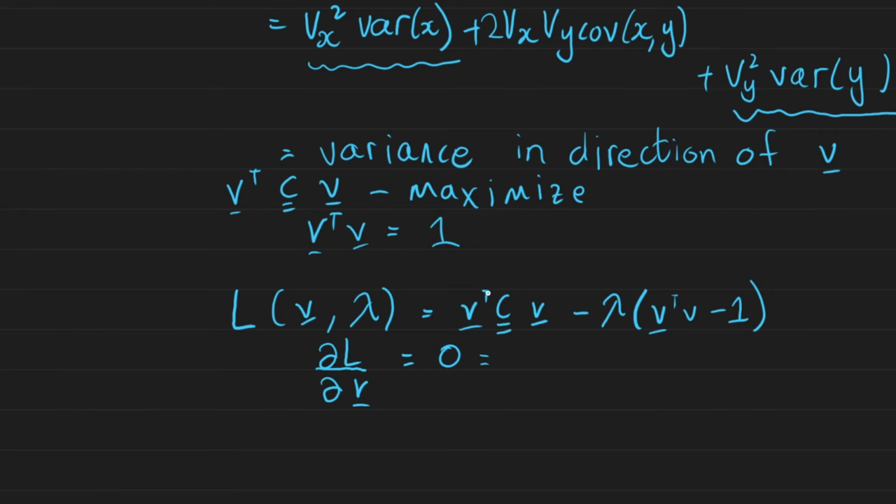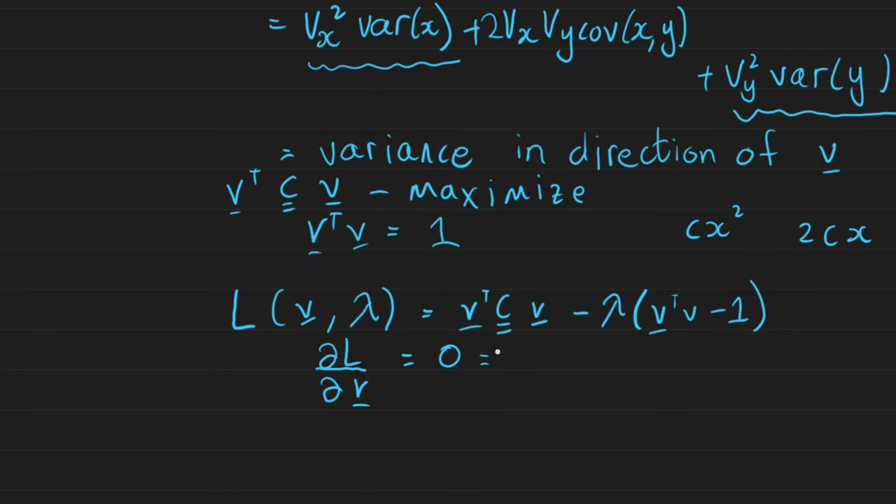But the point of the matter is that we have v transpose times v. In normal calculus, this would be something like x squared. We can think of v transpose times v as x squared, and we have a constant in front of it. So if we take the derivative of this, we're going to get 2cx. That's the analogy.